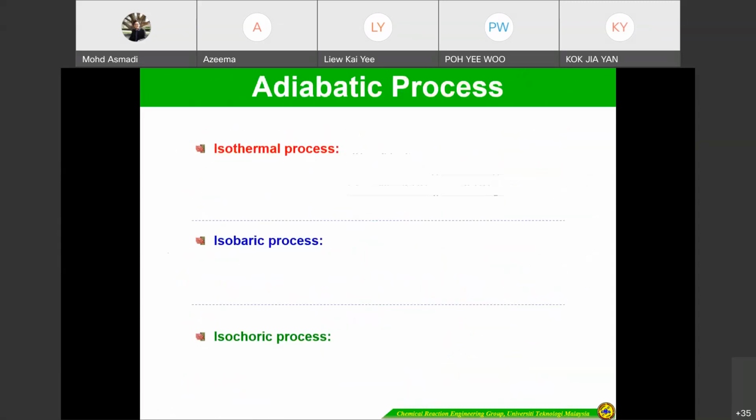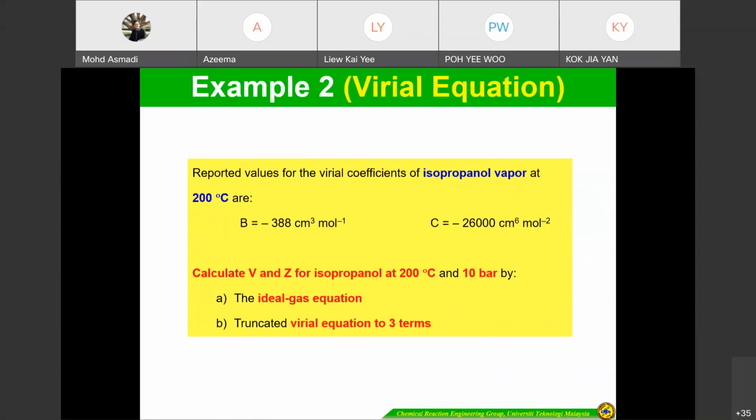I need your opinion. It's stated that the conditions are 200 degrees C and 10 bar. Which equation do you think is more appropriate or more accurate for the calculation of the volume, the ideal gas equation or the virial equation? And state the reason. Why?